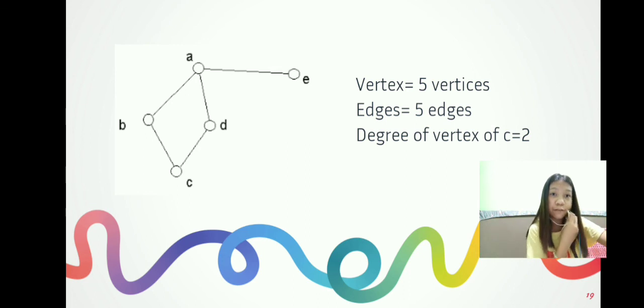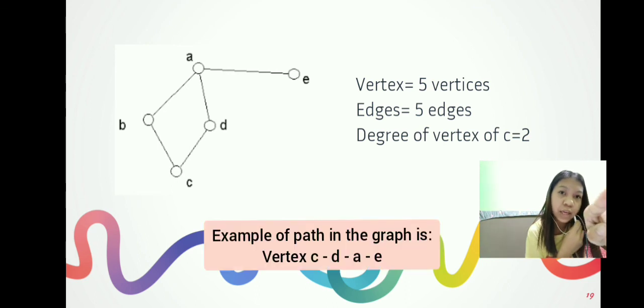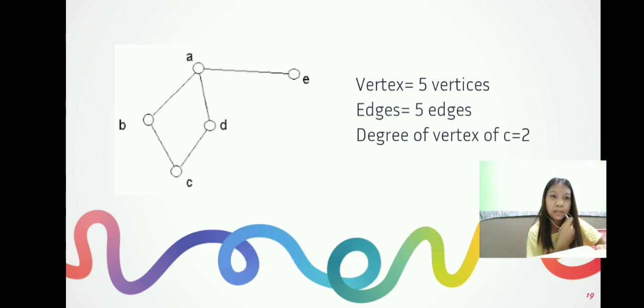In the graph, where is the path? When we highlight vertex C to D to A and to E, that is called a path. So next is circuit. Circuit again is a path that begins and ends at the same vertex.